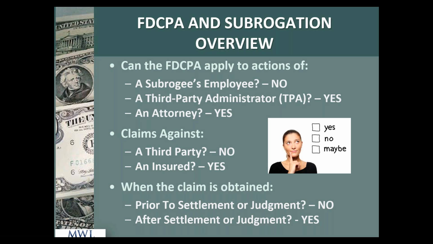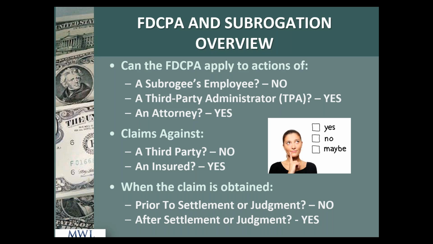If you're an employee of the subrogated party, let's say a plan administrator or someone within an ERISA plan, or an in-house subrogation adjuster at an insurance company, an auto insurer or health insurer, anything of that nature, the act is not going to apply. It's not going to matter who it is against and what time you obtained it or started doing it.